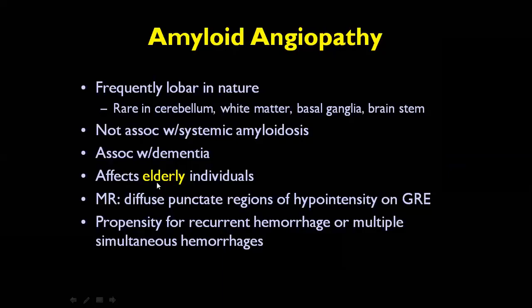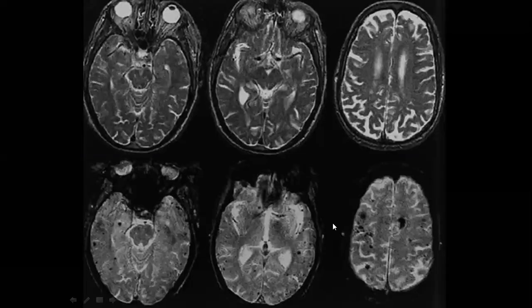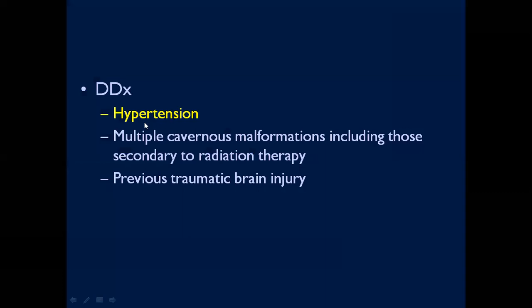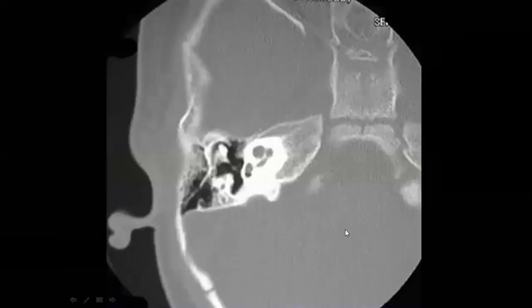If you find this elderly patient and this banqueted appearance, and with some small artery disease, you are going more toward amyloid angiopathy, and you should check the history because amyloid is not an easy diagnosis. So you should check the history if this case comes to you as a long case. Differential, sure, that will be hypertensive and other cavernomatous malformation, as we mentioned.